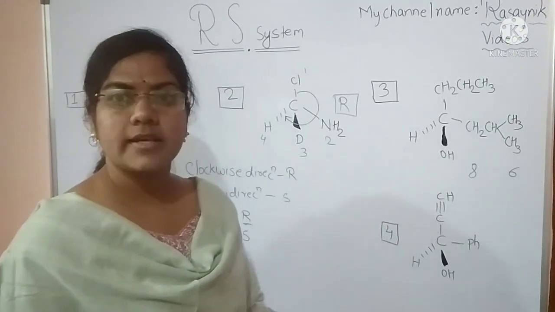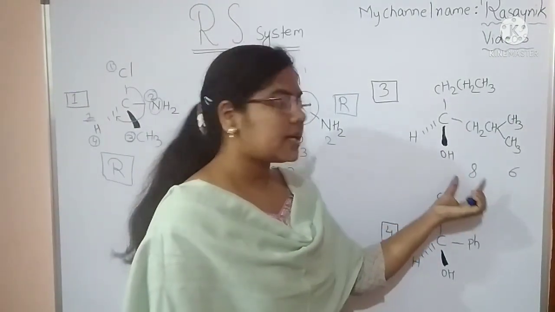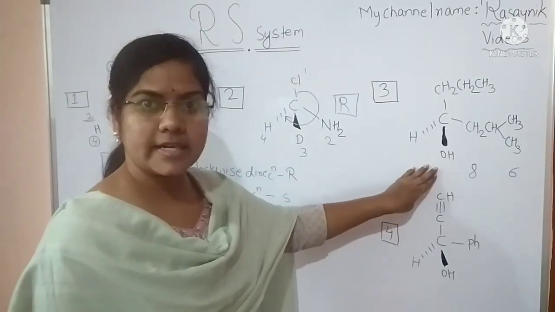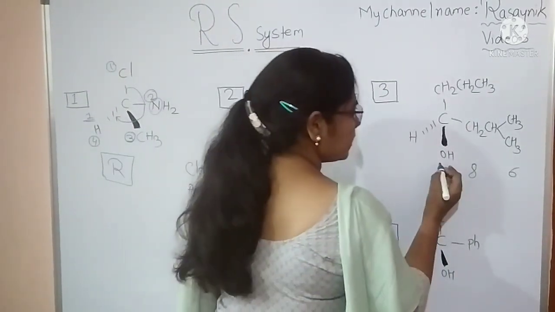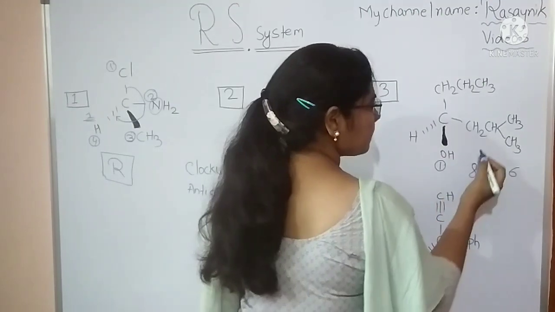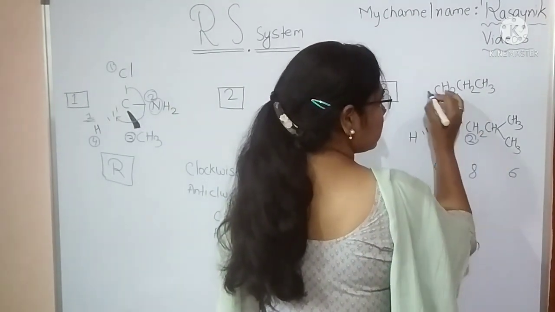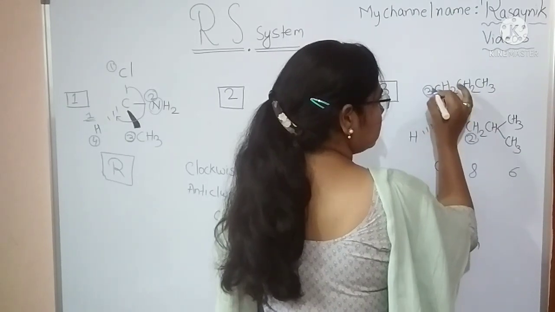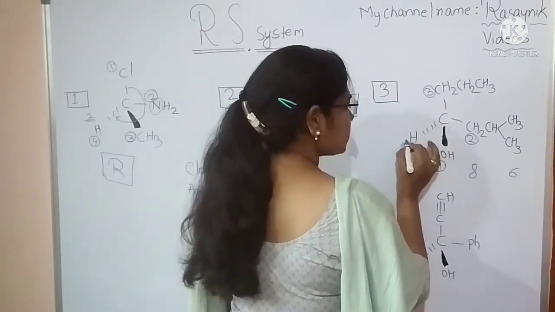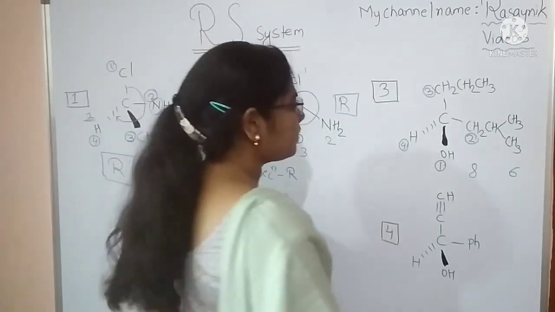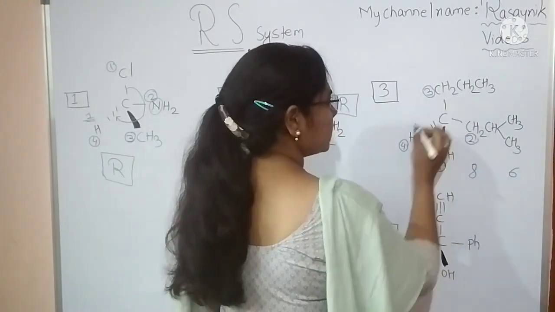Which atom will get the highest priority? The oxygen atom. So now the number comes first, this is second, third, and this is the least priority group, that is the fourth priority group. Okay? 1, 2, 3, 4.